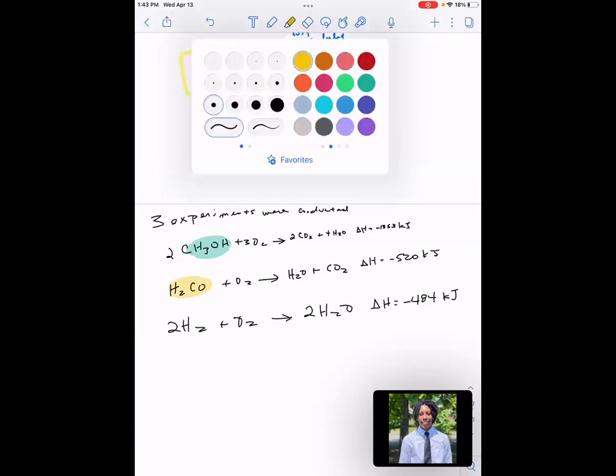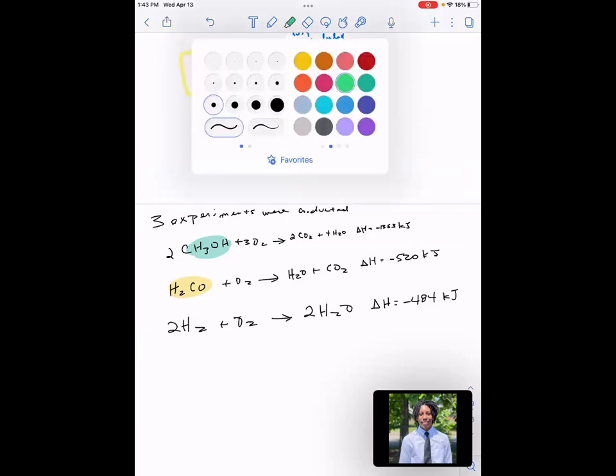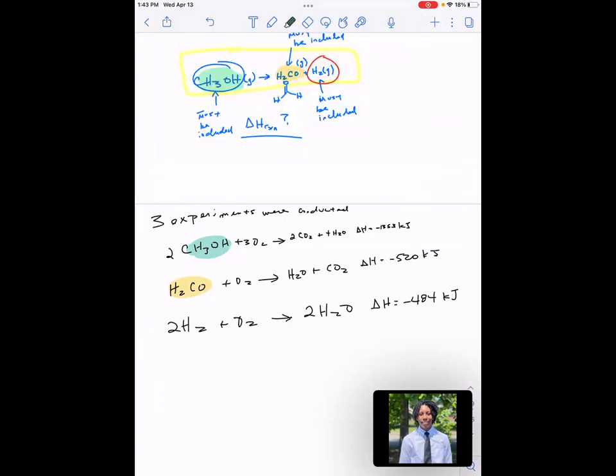So that matters. I'm going to have to do some manipulation in order to get this how I want it, right? And then I also have another reaction, the third reaction that contains H2. Notice here, though, it's also a reactant in the reaction that I studied and not a product, but it doesn't matter.